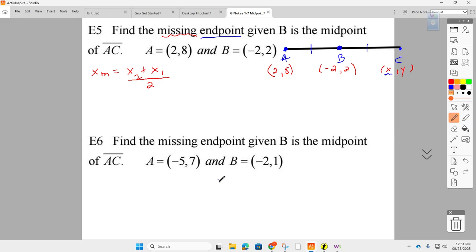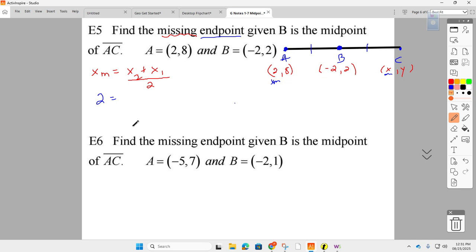We don't know this x, but we know the x-coordinate of the midpoint here, so that's going to go here. Does that make sense? Does that make sense, Darren? Does that make sense, Tori? And now the x's.